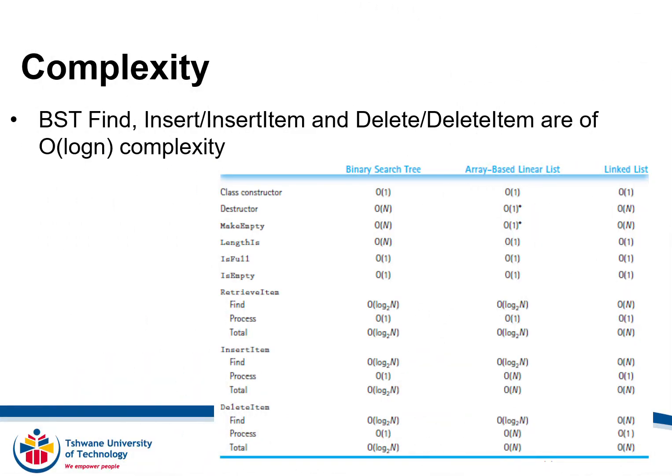Okay, let's look at complexity now. It's important to notice that a binary search tree has order of log n complexity for find, insert, as well as delete. And you can see it clearly on this table for retrieve item, for insert item, and for delete item, which is what we're looking for.